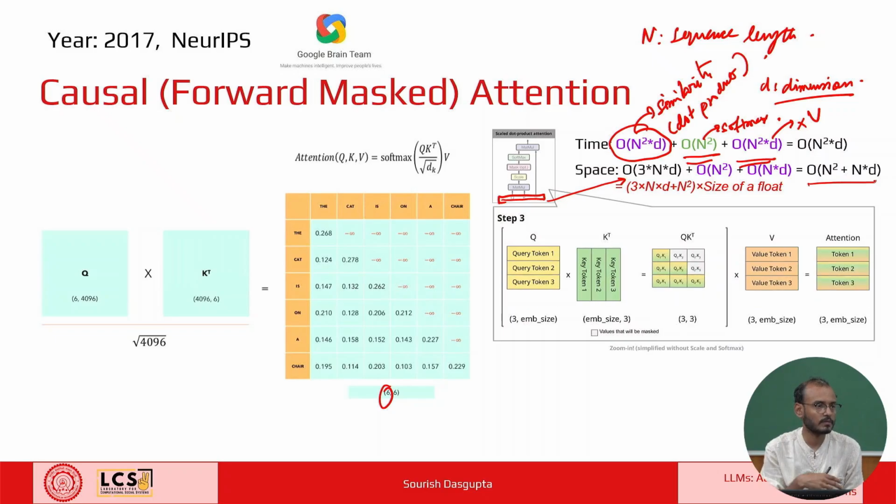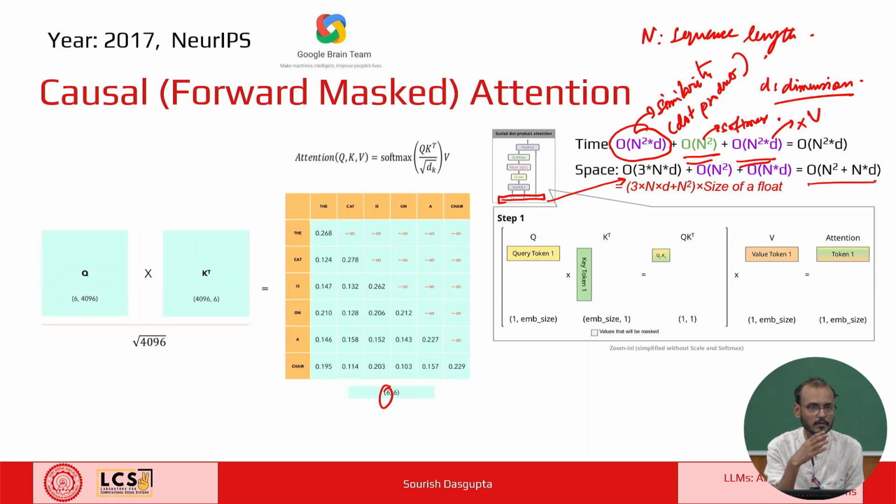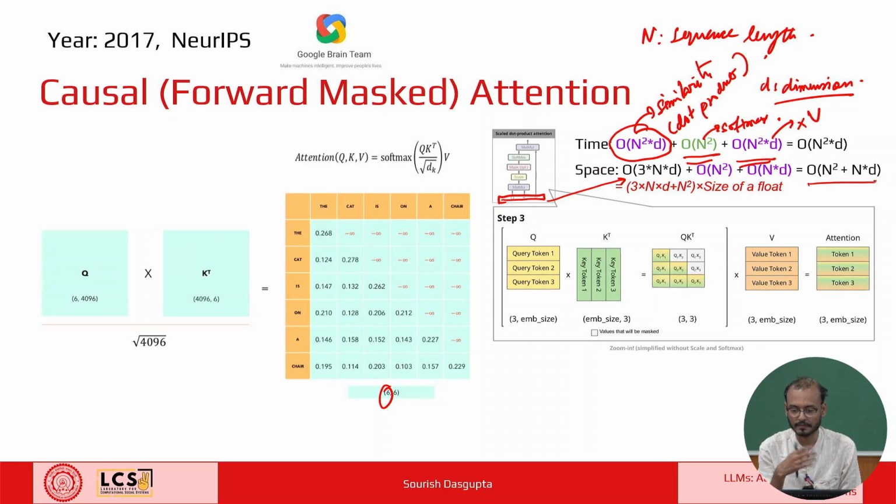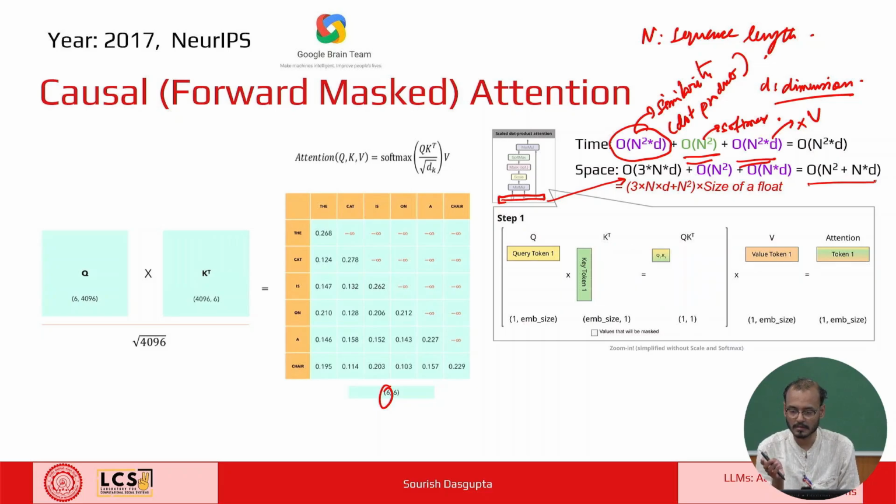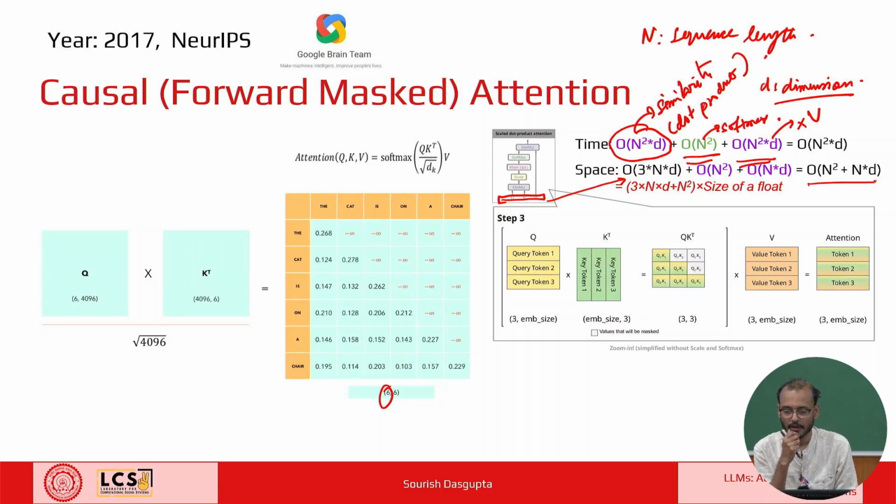If you take 32, then it will be multiplied by that many bytes, and so on, right? Whatever is the precision, 64-bit, so that many bytes. So that would be the exact space complexity, right?